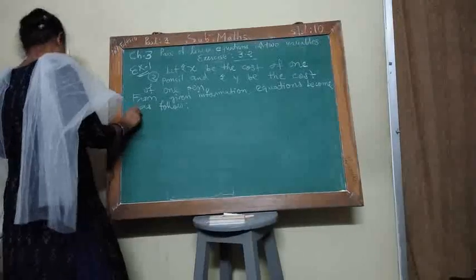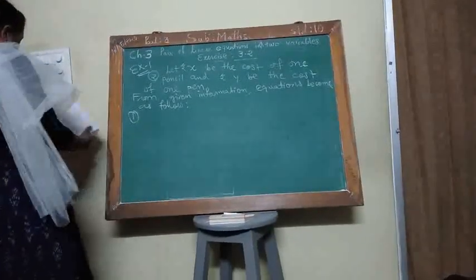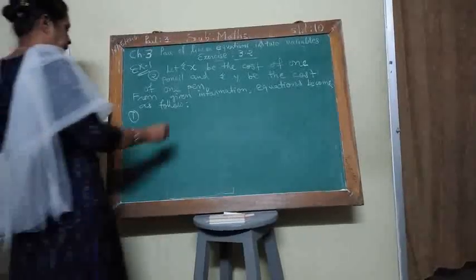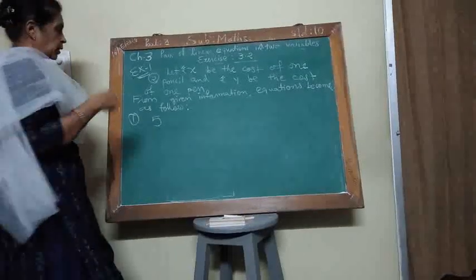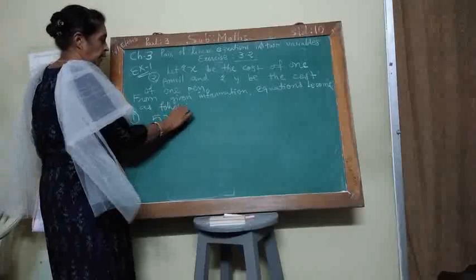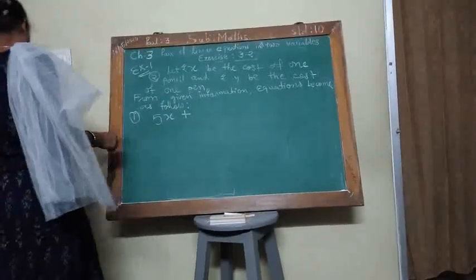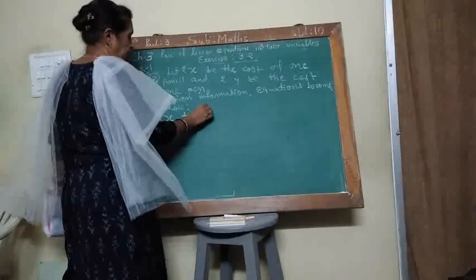Number 1, first statement: how many pencils? 5 pencils, and x rupees for 1 pencil. So how many pencils? 5 pencils. That means x how many times? 5 times: 5x plus 7y, the number of pens is 7.